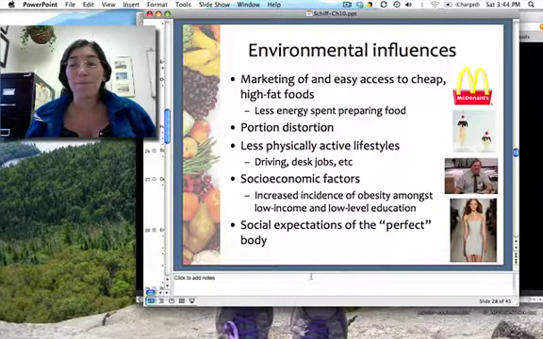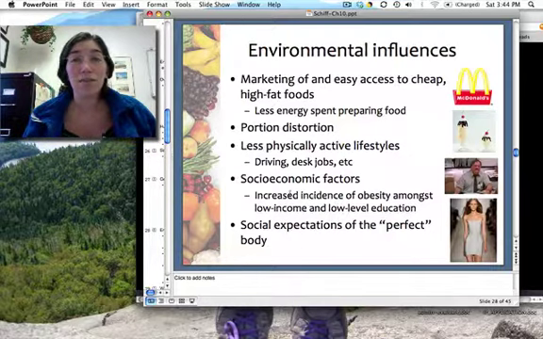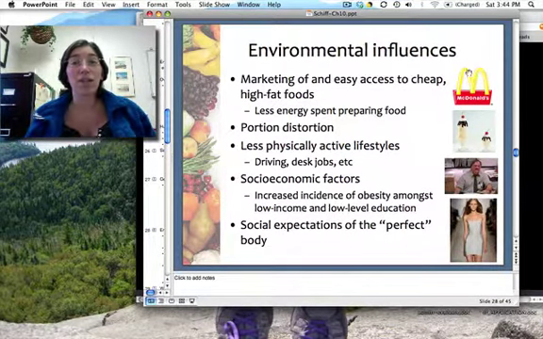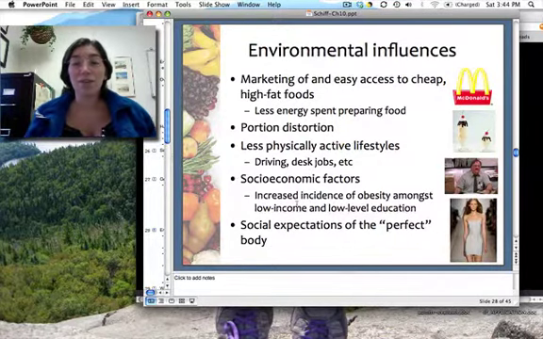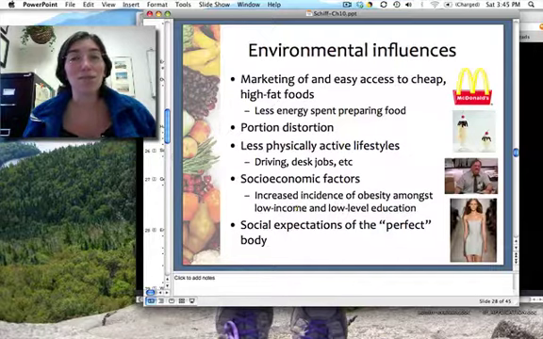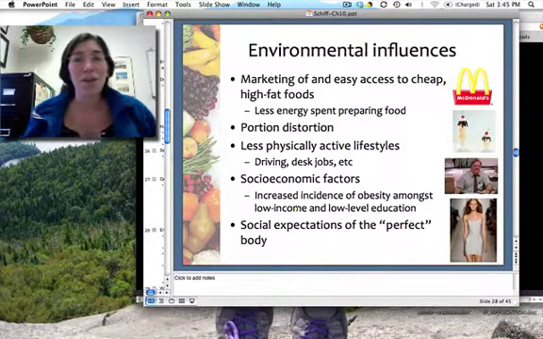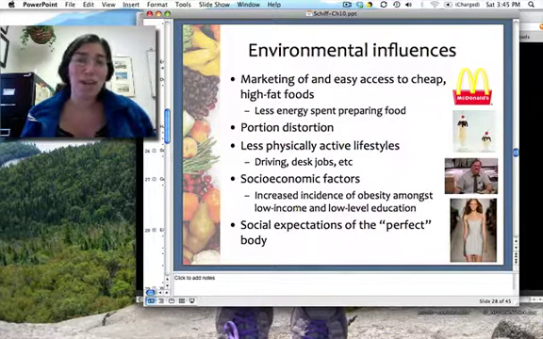A lot of this is because low-income people often rely very heavily on cheap calories, which are cheap foods that are very high in bad calories. When I learned this fact, it seemed a little counterintuitive. You think people who have less money should be thinner because they're eating less food, they can't afford food.